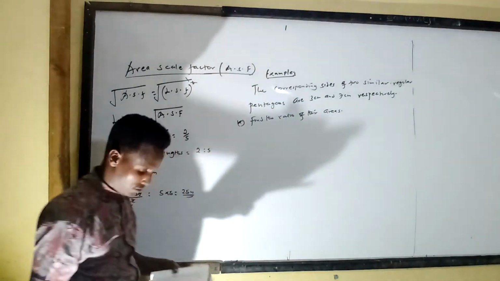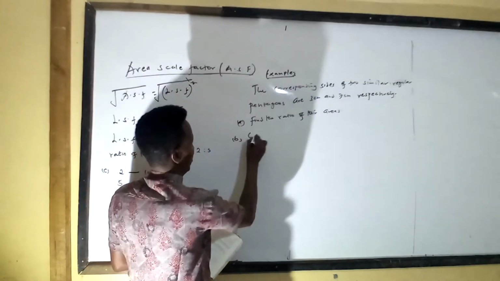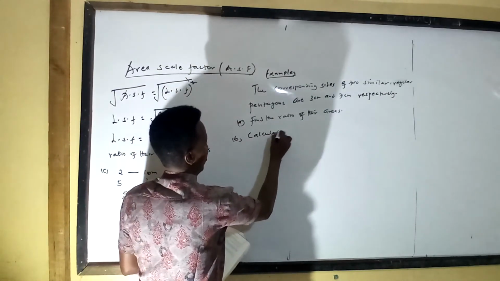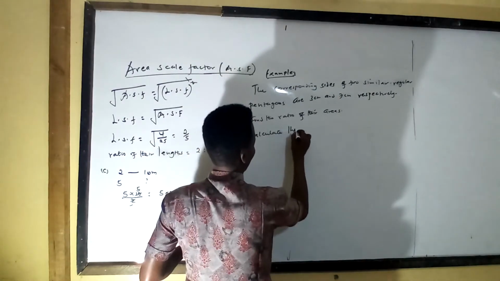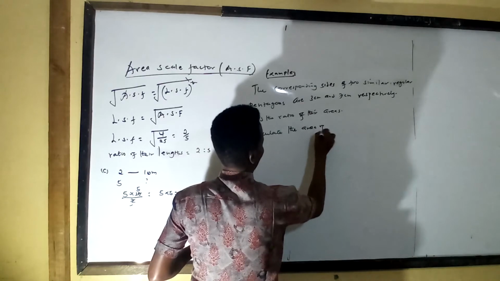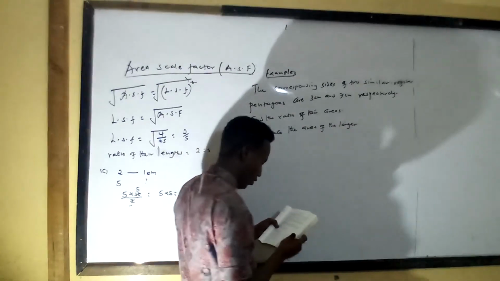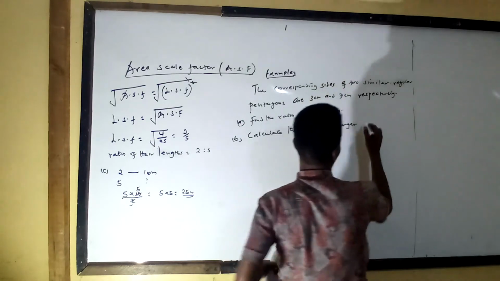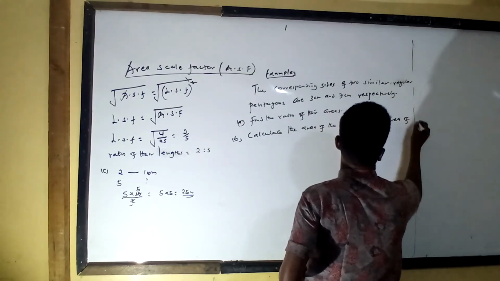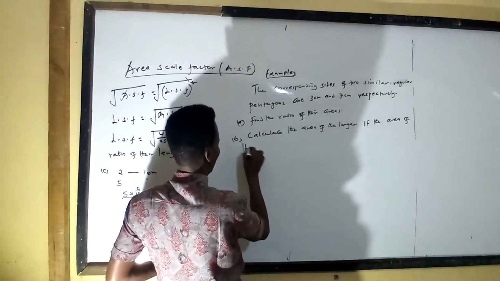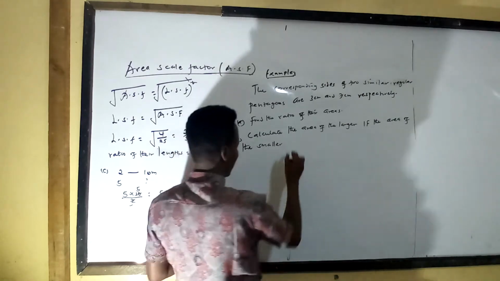Then question B, you are told to calculate the area of the larger if the area of the smaller is 36 centimeters.